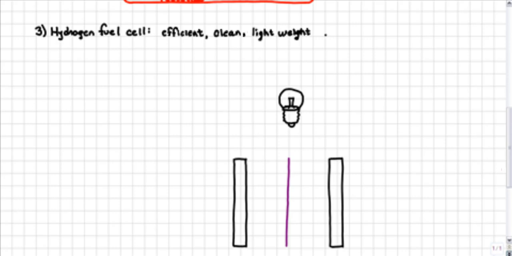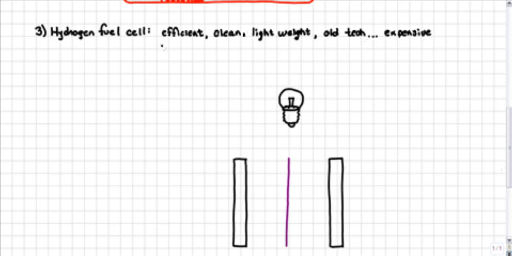But it is old technology. And normally you would think that this would mean it would be an inexpensive technology, but it also winds up being, for reasons we'll get into in just a moment, quite expensive. And this is one of the hurdles to using hydrogen fuel cell technology.